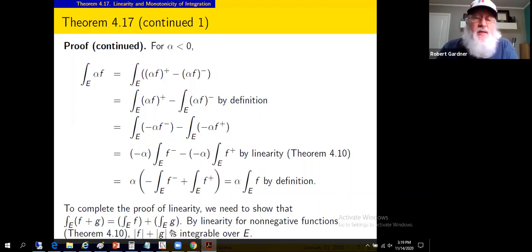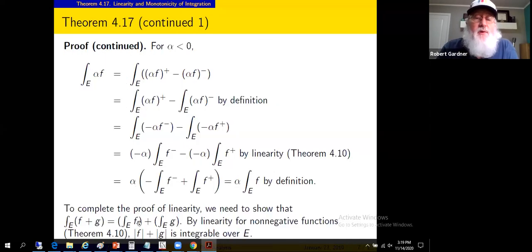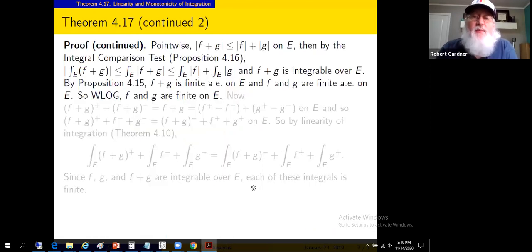And again, these are class 2 functions, non-negative functions. So we have the absolute value of f plus the absolute value of g is integrable over E. Okay, so we're looking for some integrability here as well. We've then got the absolute value of f plus g is less than or equal to the absolute value of f plus the absolute value of g.